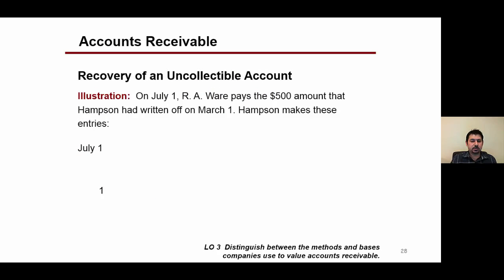Now, in certain cases, the customer might come back and pay the amount that was already written off. It's not like all the customers who default on a certain payment do it on purpose and decide not to pay anymore.